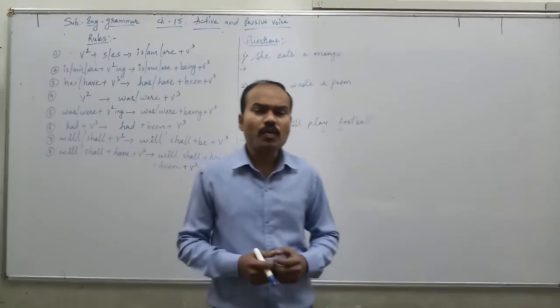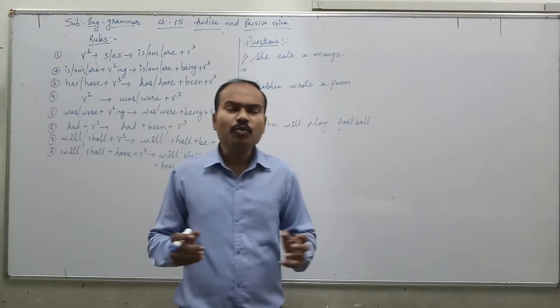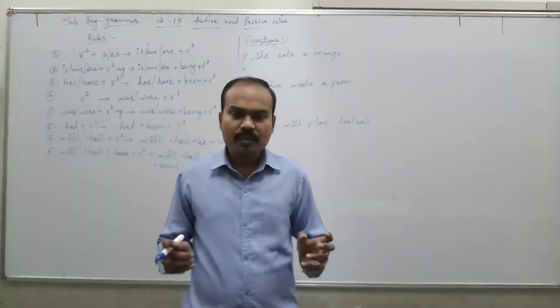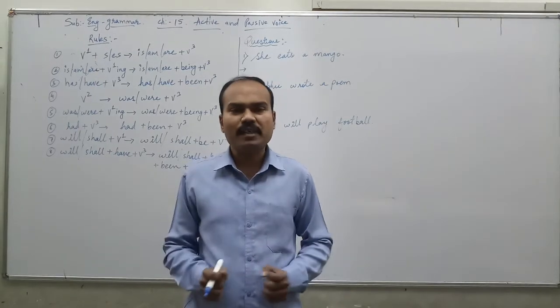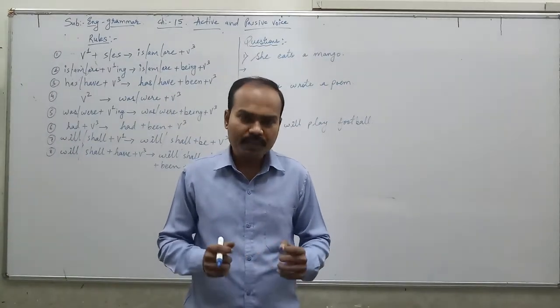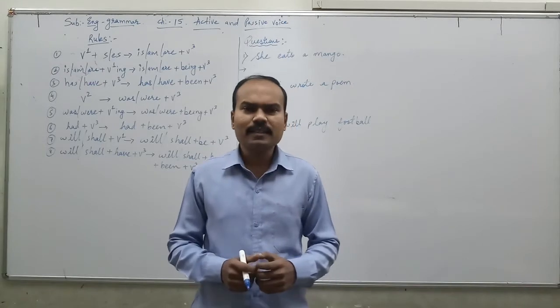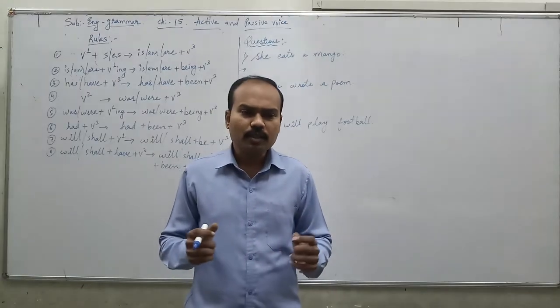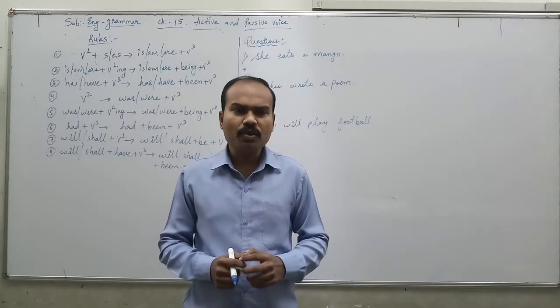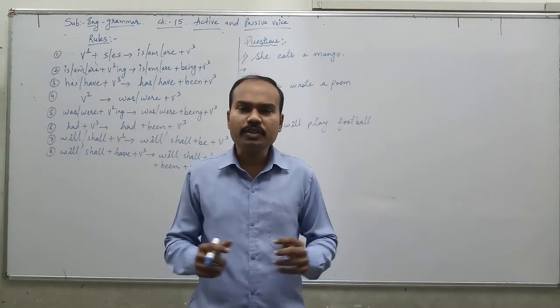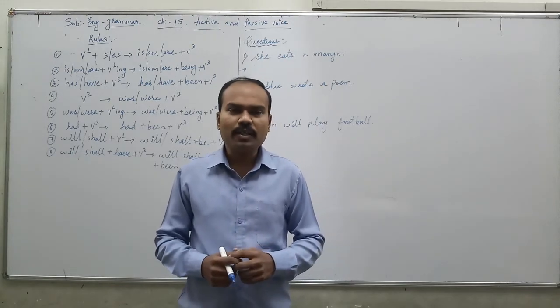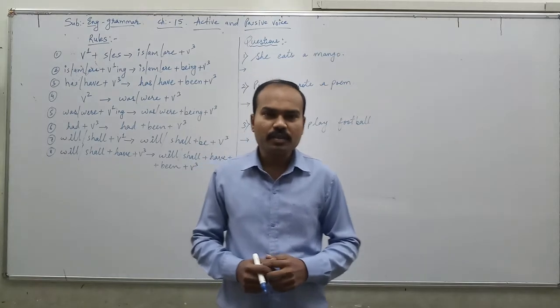We use passive voice when we do not know the subject, meaning the performer of the action is unknown to us. The second reason is that when the subject is irrelevant or we do not want to disclose the subject, then only we use passive voice.